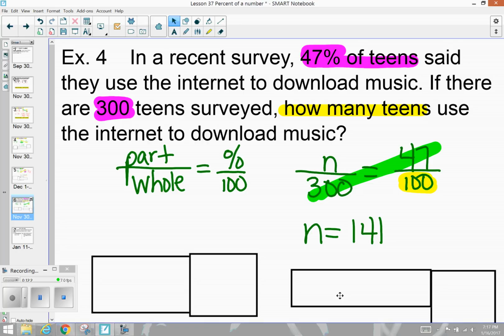That makes sense. 47% is close to 50%, and 50% of 300 is 150 teens. And since 47 is less than that, our number would be a little bit less than 150, 141. That works. All right, very good.